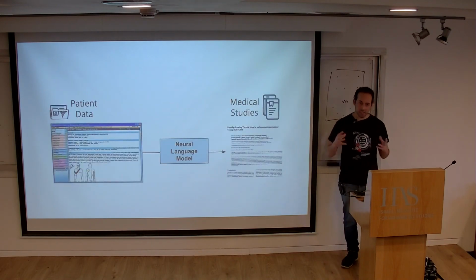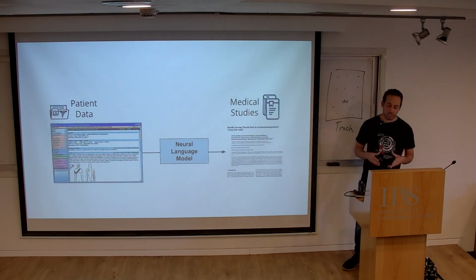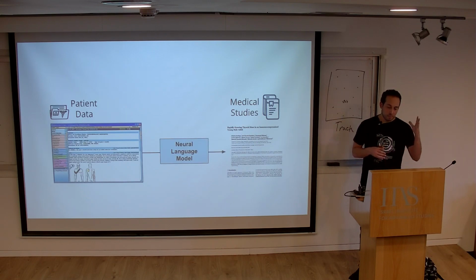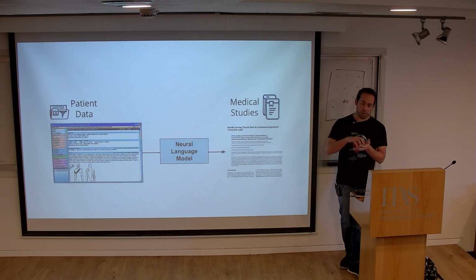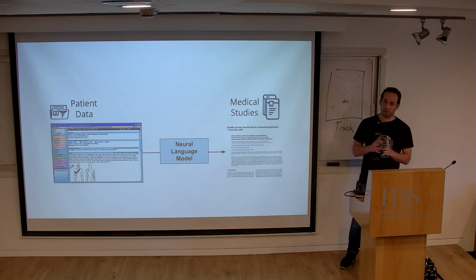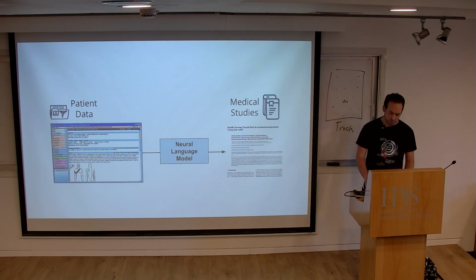And the second type of technology is these neural language models, like you asked, where we train models, and I won't go into all the details, to map this complex patient object into some neural embedding space or vector space where patients are close to medical studies that are relevant to them. I can answer more questions about this part later if someone's interested.